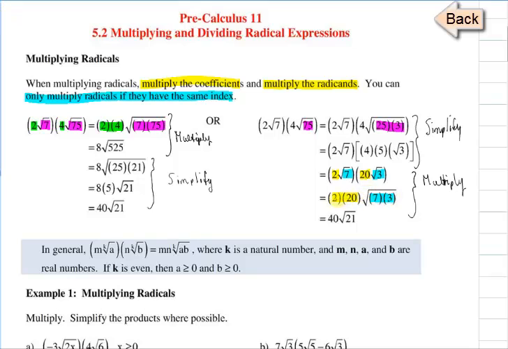And when you simplify, 2 times 20 is 40, and 7 times 3 is 21, so you're left with root 21, and your answer is 40 root 21. Now, I prefer to use the first method. Okay, so when I do my other examples, that's what I'll do. Of course, you're free to choose whatever method you want.